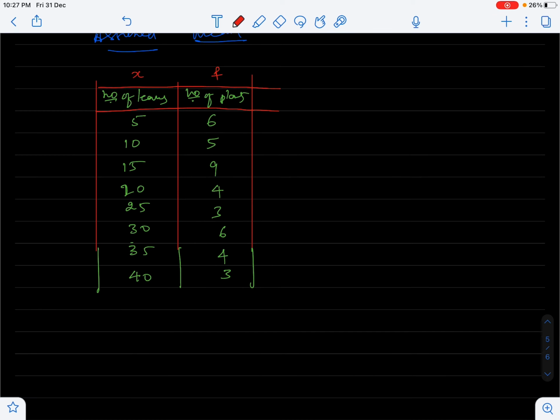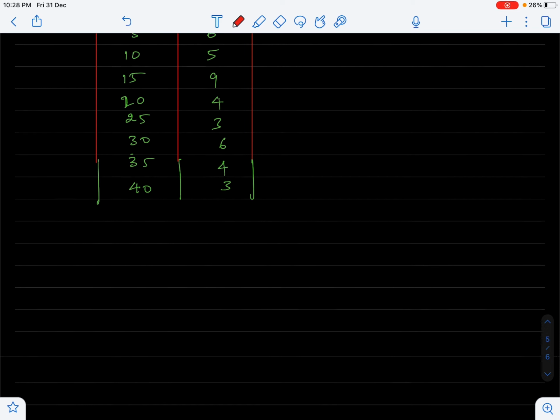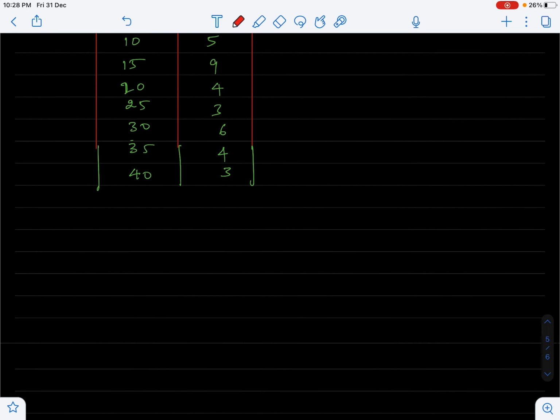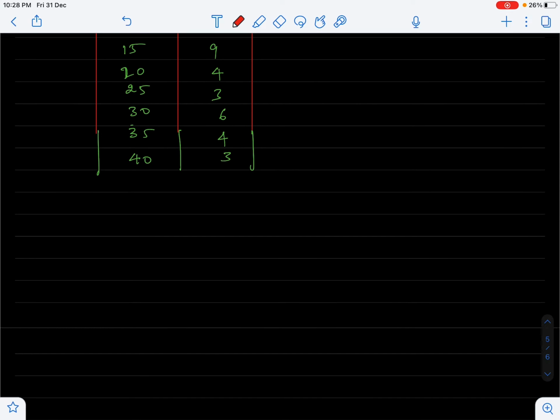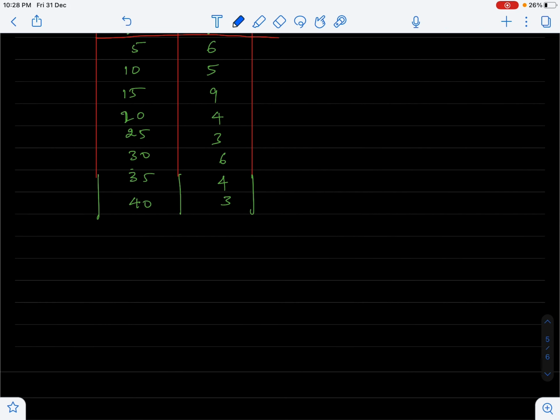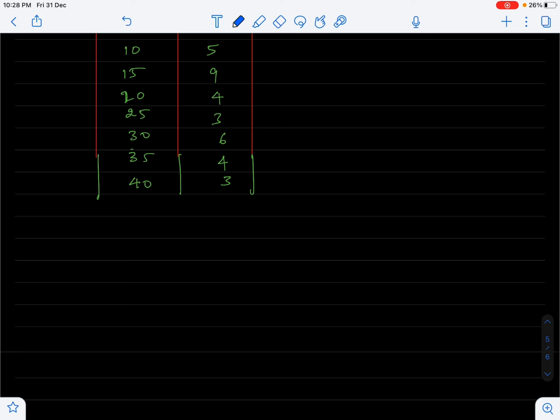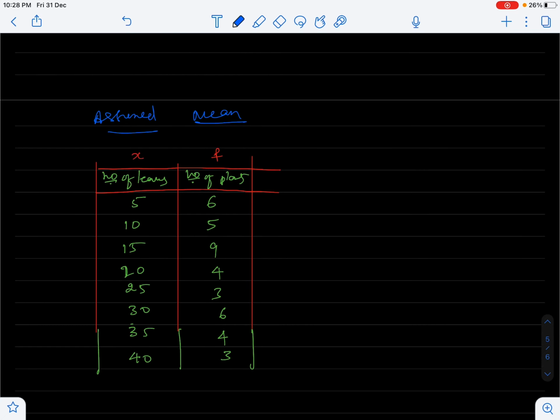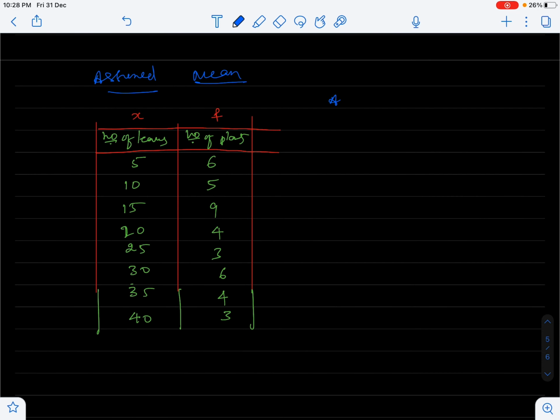I can see these numbers are very large, the observation is very large. So what I will do is use the assumed mean method, by assuming the assumed mean as some number, any number I can choose. So I choose 25.